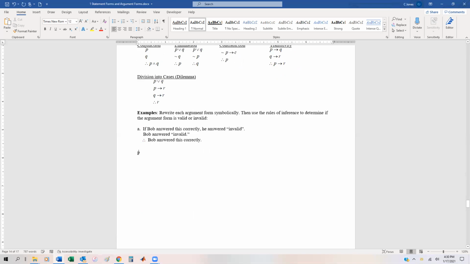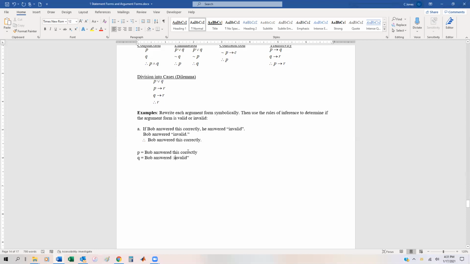So let's define P to be the statement that Bob answered this correctly. And let's define the statement Q to be he answered invalid. So we could just say Bob answered invalid.